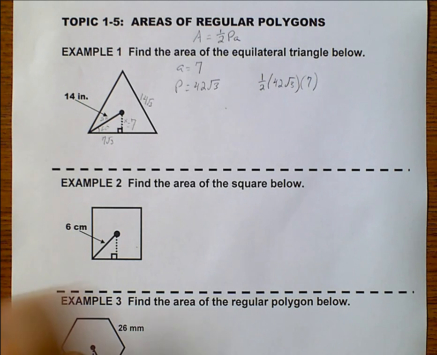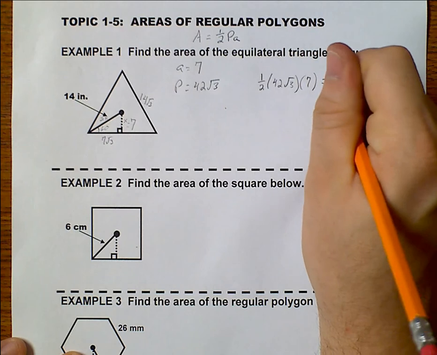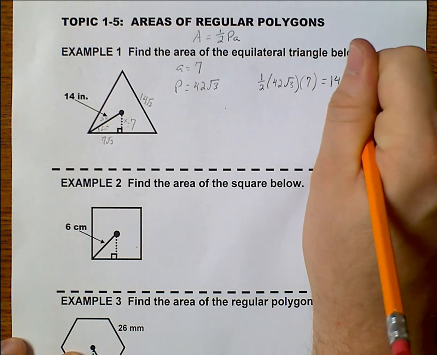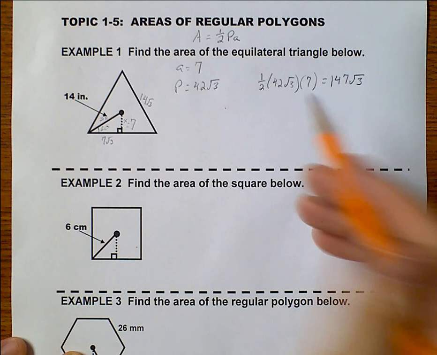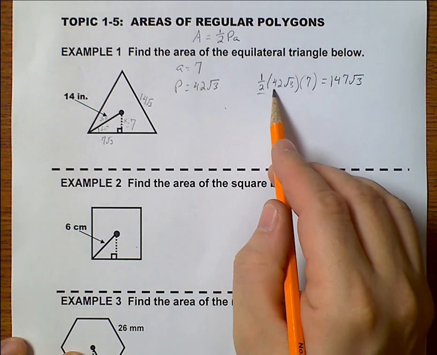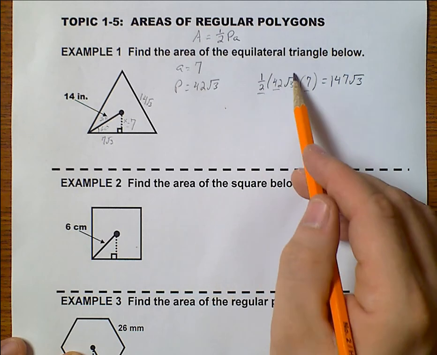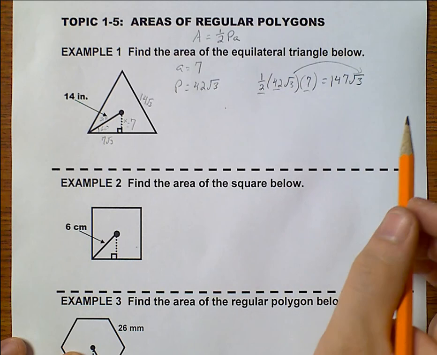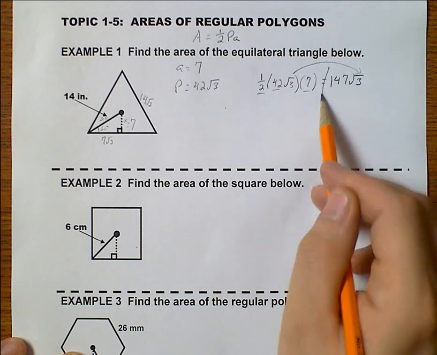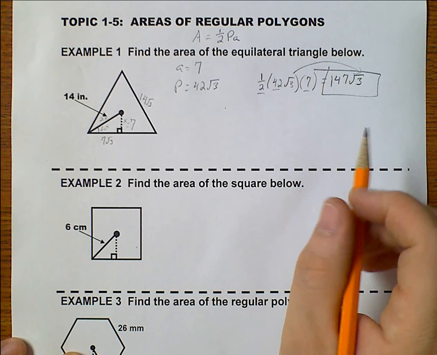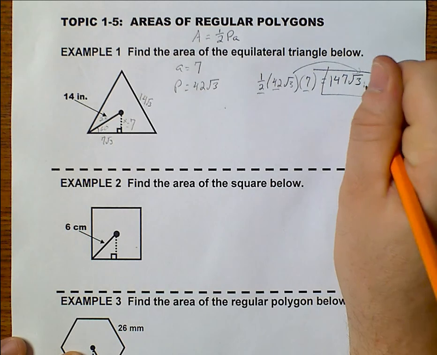And when I put that in my calculator, I get 147 on the square root of 3. Again, when I put this in the calculator, I just put the 1/2, the 42, and the 7, and then I put this square root of 3 over here on the end. And this is in inches. This would be in square inches.